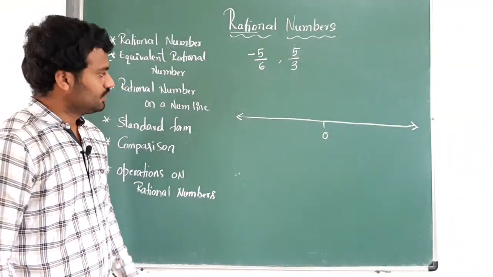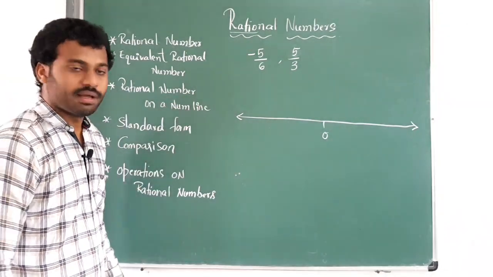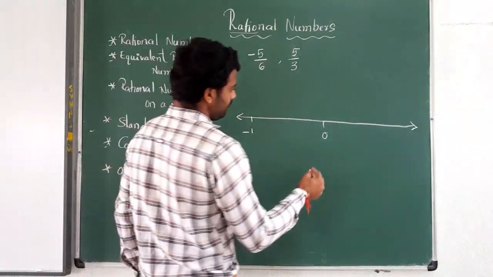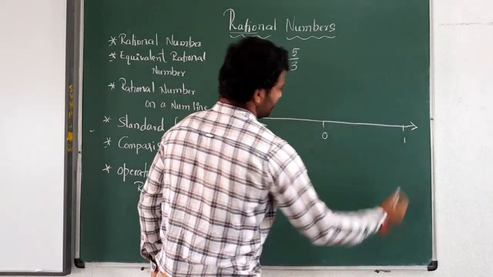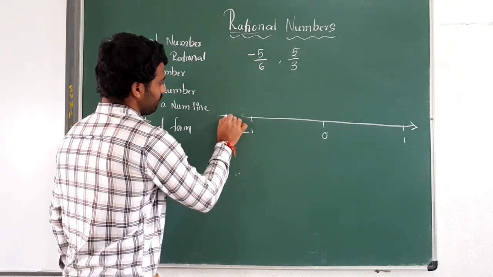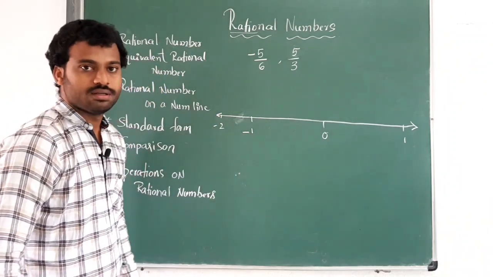Clear or not? So first minus 5 by 6. How to represent on the number line? So what I will do? Minus 1, 1. If you want, you can take more, but 1 is enough. Minus 2 and so on.